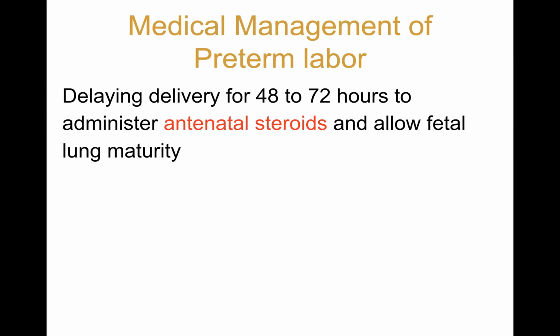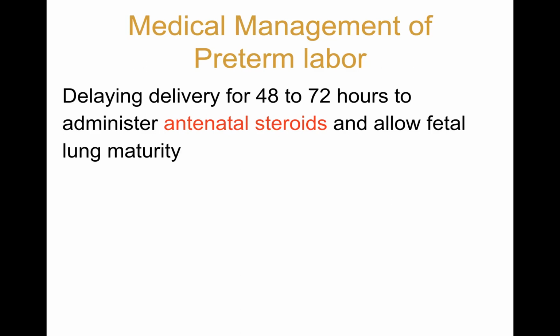So for mom, we want to administer antenatal steroids. Hint, antenatal steroids. What will be an example of an antenatal steroid? Good, so betamethasone. And the reason we're giving these antenatal steroids is that is given to mom, but these antenatal steroids are going to help the fetal lungs to mature.